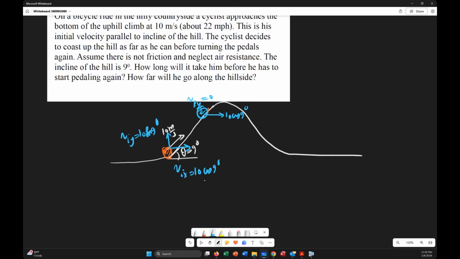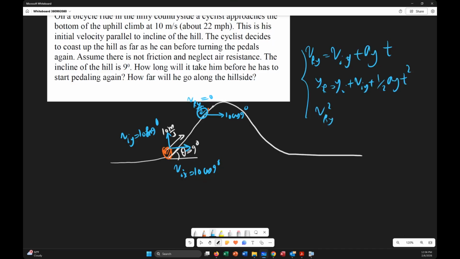Good. So how long does it take? What formula can we use? V final y equals V initial y plus ay t. And we have 3 other formulas as well: yf equals yi plus viy t plus 1/2 ay t squared, and then v final y squared equals v initial y squared plus 2ay times yf minus yi.